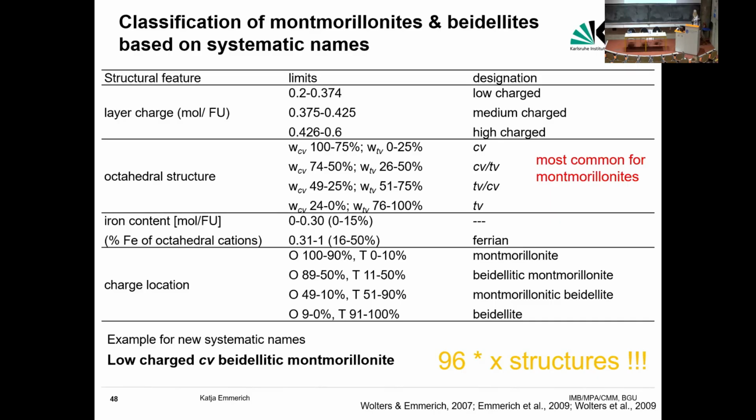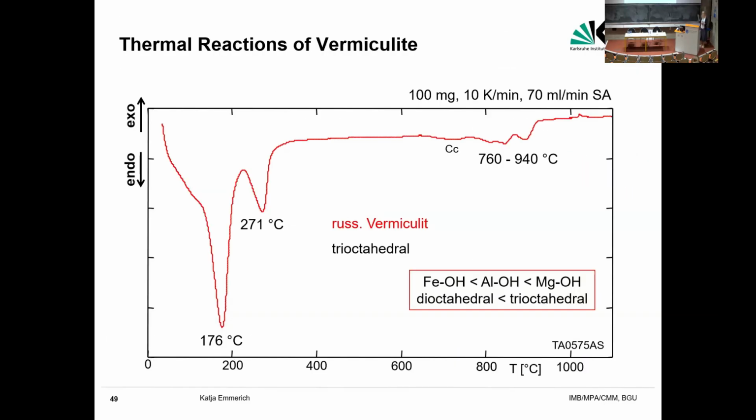Vermiculite, this is a sample of a trioctahedral vermiculite, because dioctahedral vermiculite is only found in soils and is difficult to separate. So if you have vermiculite even at this large size I showed you at the beginning, then it's trioctahedral vermiculite.